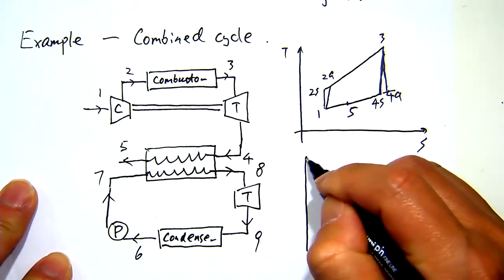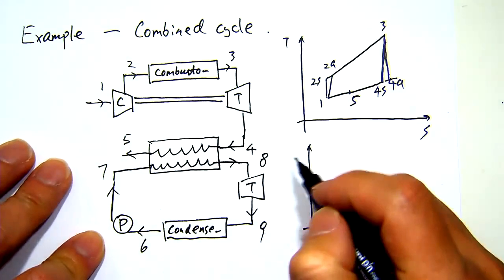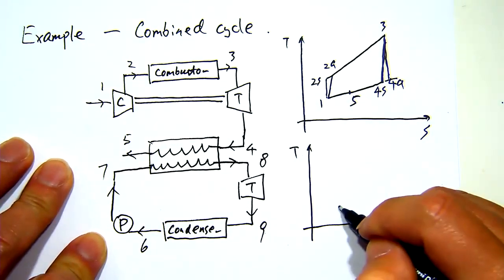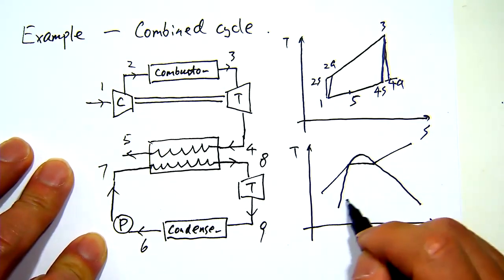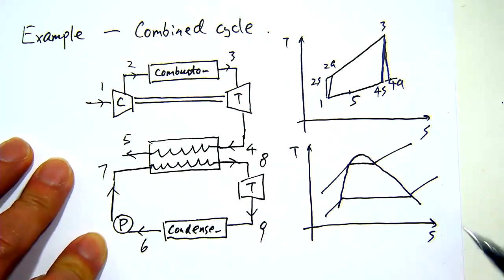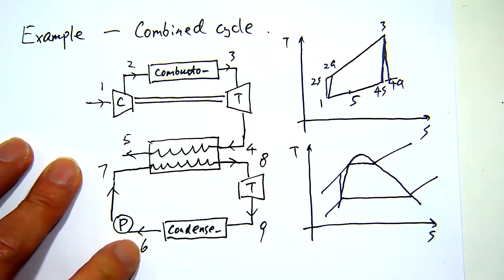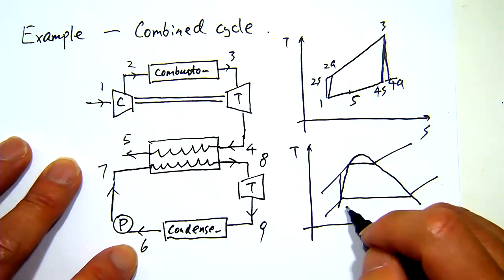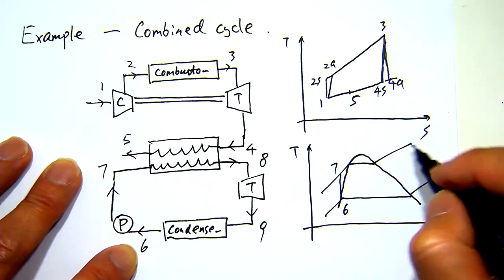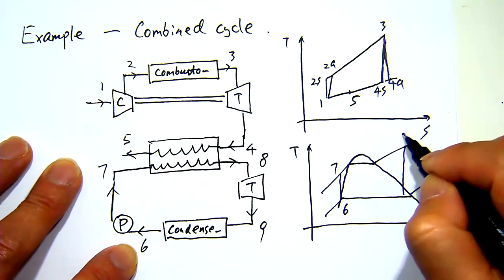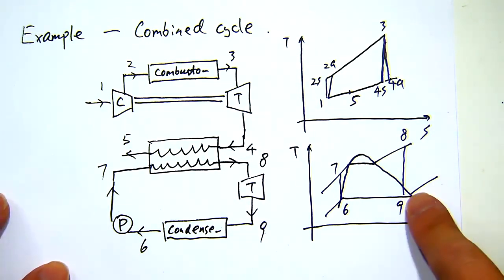And then the Rankine cycle. Right, so we have, starting from the inlet of the pump, state 6, then going through the 7, and then going through 8 and 9. I didn't draw this very accurately.